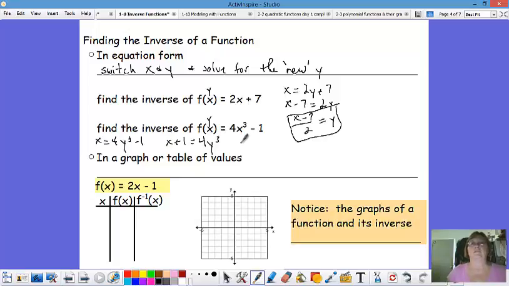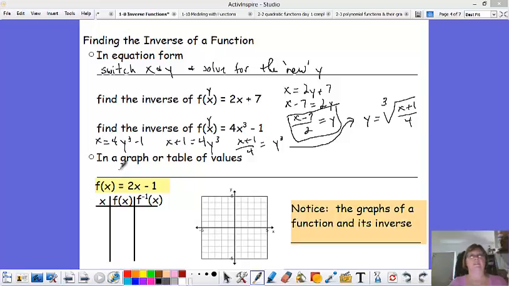I divide by 4: x plus 1 over 4 equals y cubed. I come out here because I'm out of room. Take the cube root of each side. y would equal the cube root of x plus 1 over 4. Nifty.